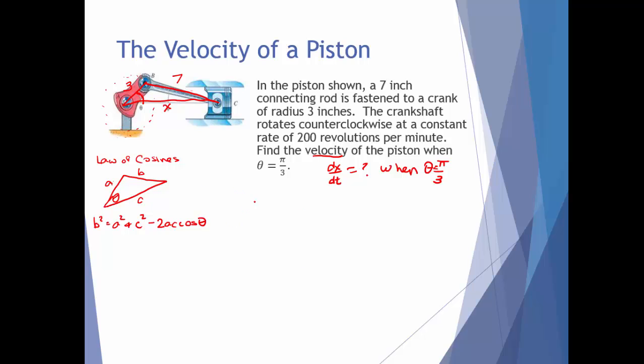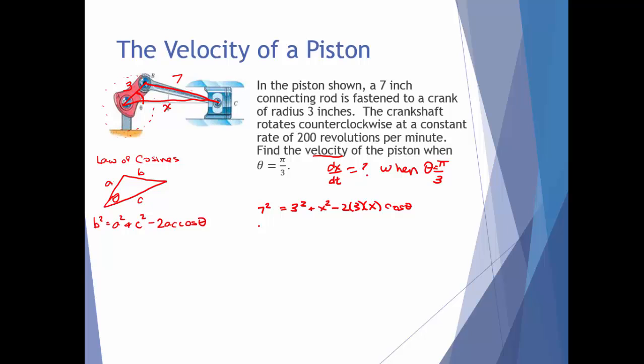So for our specific situation, according to the law of cosines, 7 squared equals 3 squared plus x squared minus 2 times 3 times x times the cosine of theta. Now this definitely cleans up.